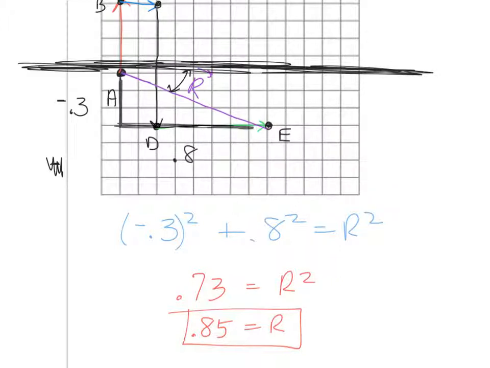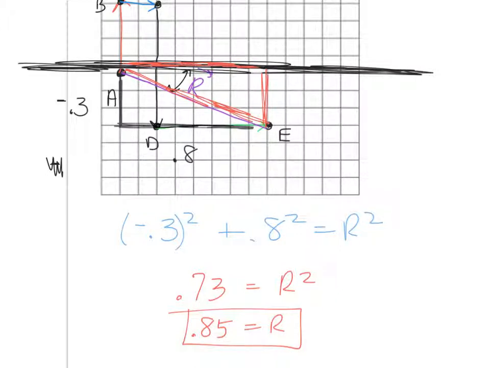Now, this angle right here can be calculated if you make another triangle, or you can just calculate this angle and recognize that these are alternate interior angles formed by two parallel lines and a transversal. So you could make a triangle here. Take a look at the red triangle I'm drawing.